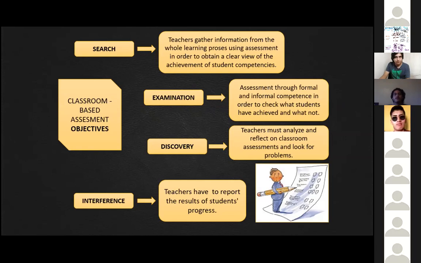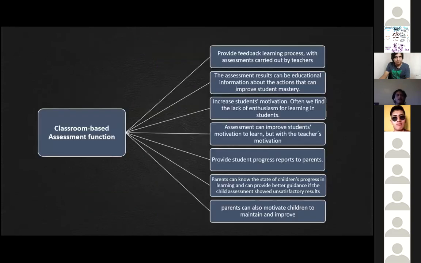Teachers gather information from the whole learning process, which could be a semester or academic year, through various forms of assessment in order to obtain a clear view of the achievement of student competence.